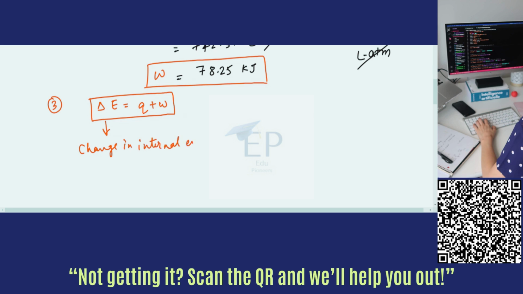This is heat. This is work done. So this equation is the first law of thermodynamics.